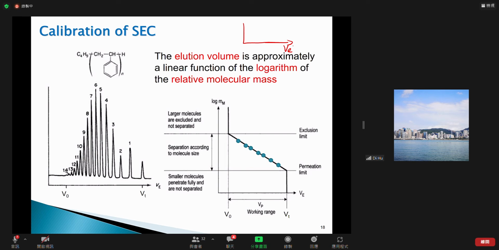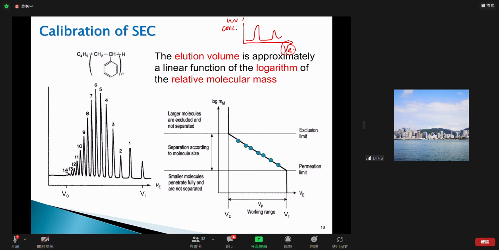This is what you can get from the instrument. You get VE, and you get the response, either UV or mass-based, so it's concentration. I really don't want to confuse you guys, like a mass spectrometer. No, it's concentration. Is it UV response or concentration? So that response, this is what you get.